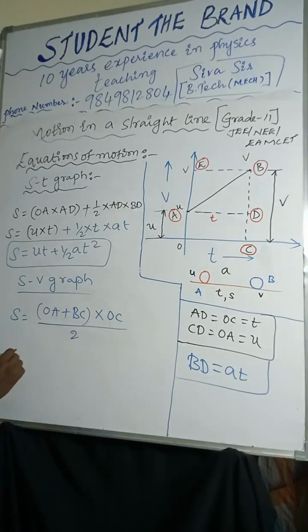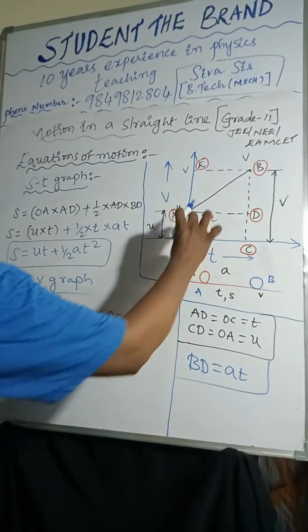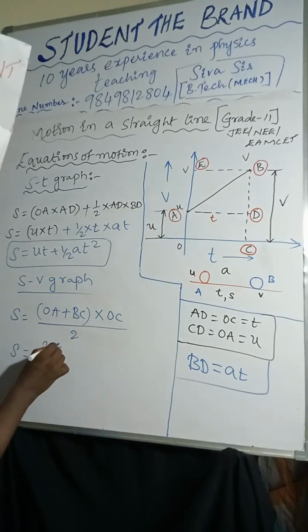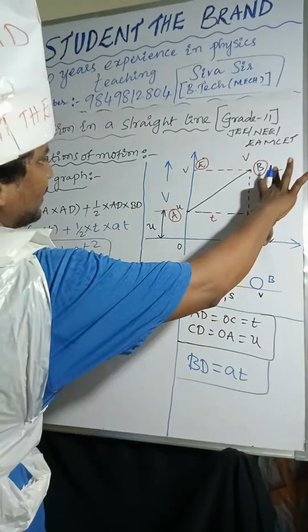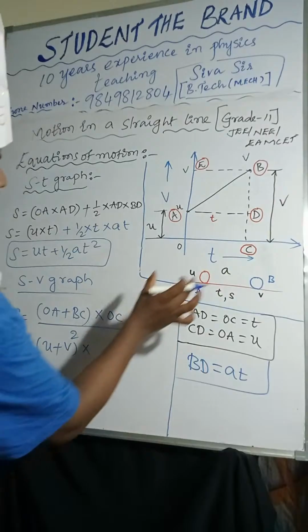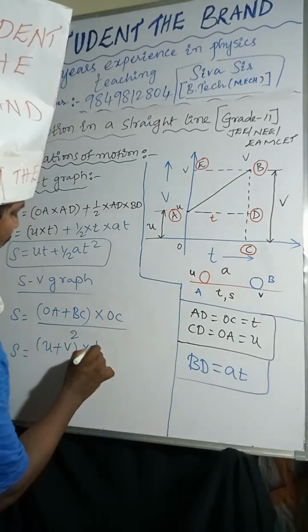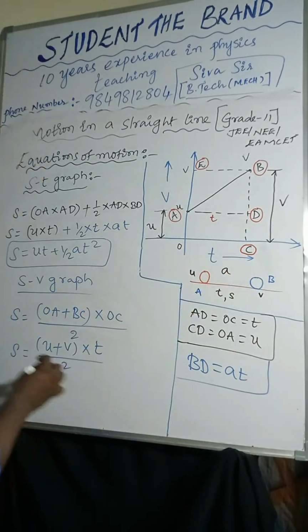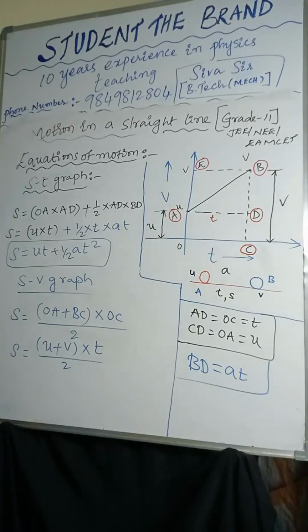So now S equal to OA, the initial velocity U, plus BC, the final velocity V, into the base OC equal to T, by 2. So from here, we already know the equation.